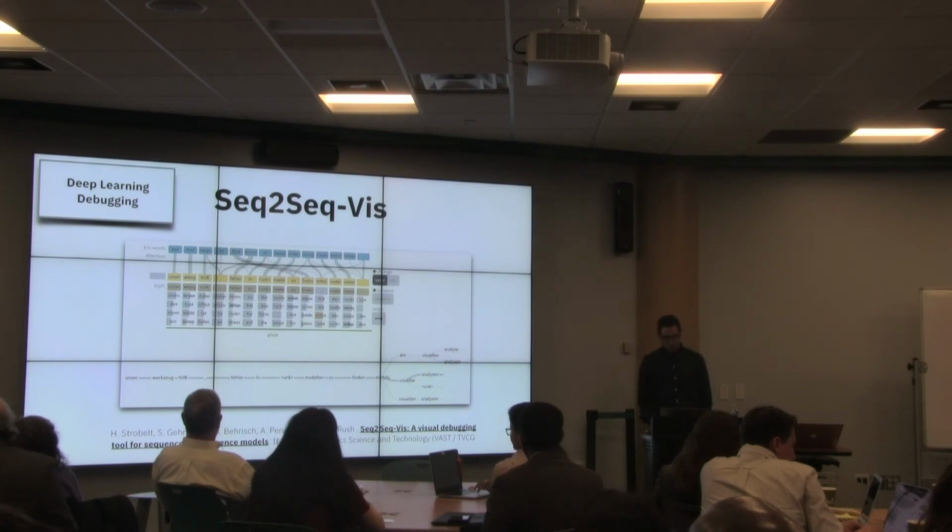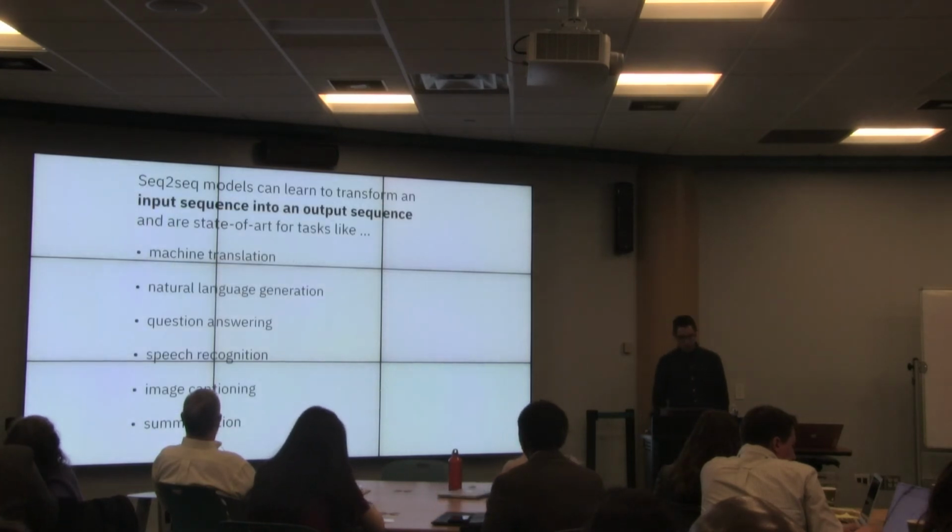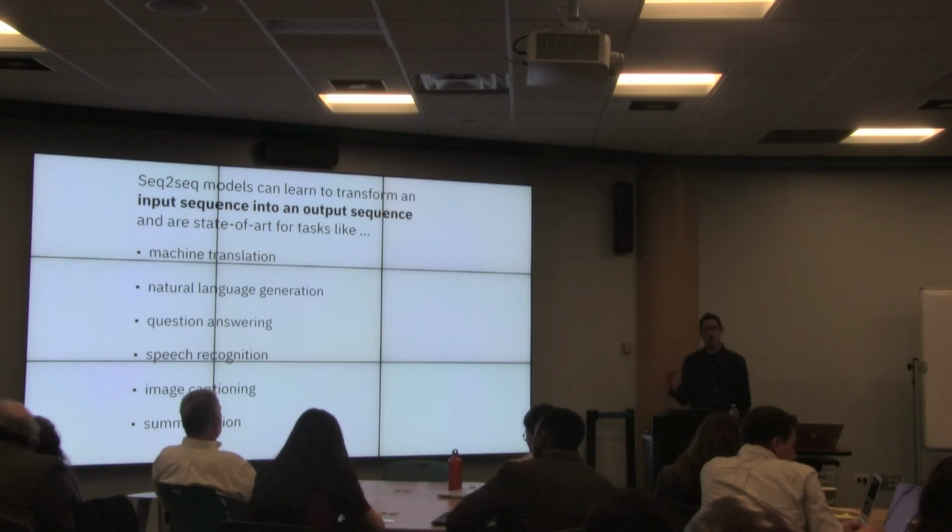If you've never heard of a sequence-to-sequence model, it's one type of deep learning neural architecture. It's really popular and also pretty fascinating because you can translate an arbitrary length input sequence into an arbitrary length output sequence. What does that mean? It's really effective for machine translation.